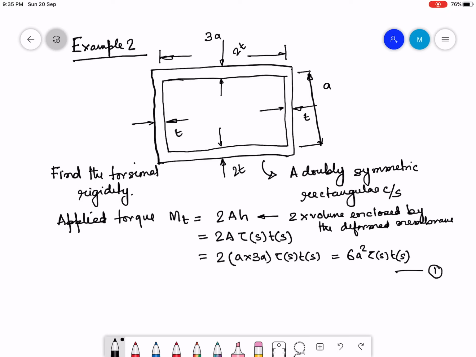Then I'm going to use the Bredt-Batho theorem and write the integral of tau ds is going to be 2gA theta. I will express tau in terms of mt, which is going to be mt by 6a square, integral ds by ts, and that is going to be 2g.